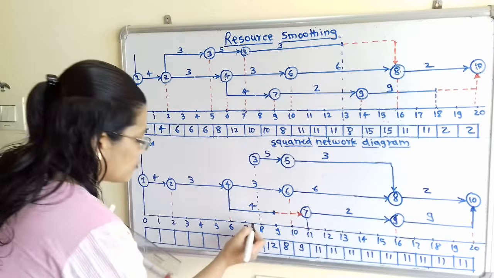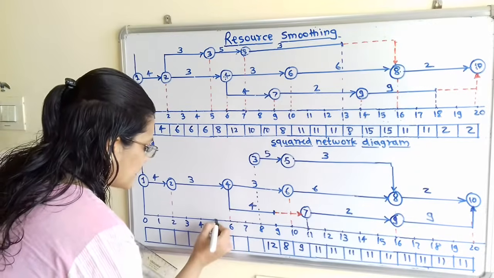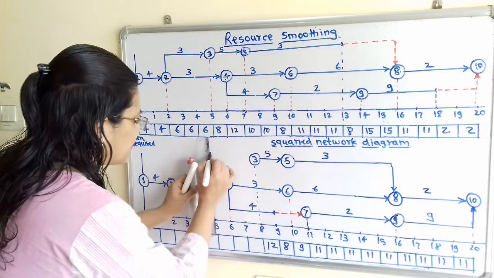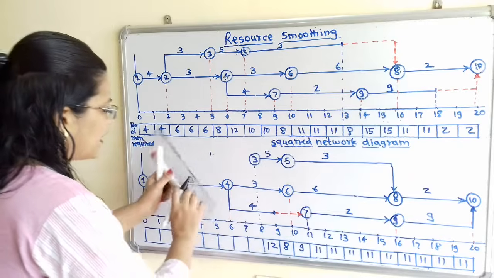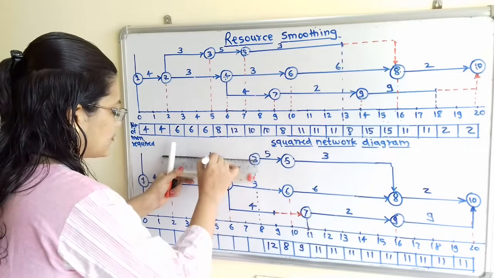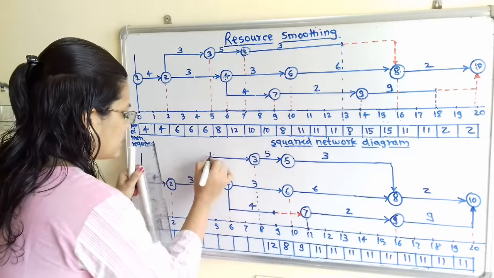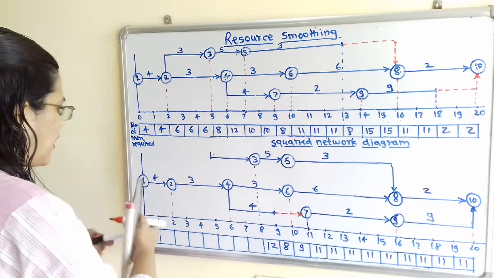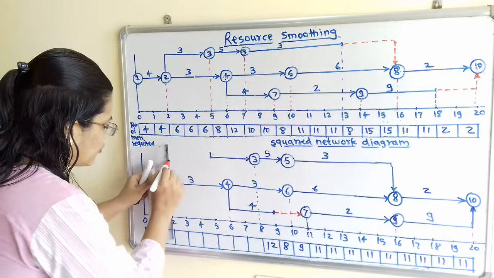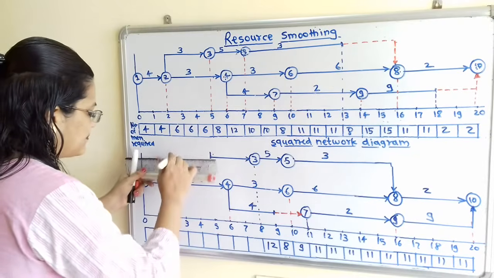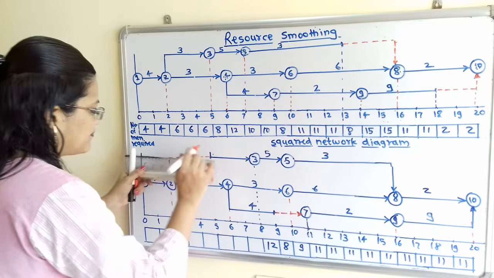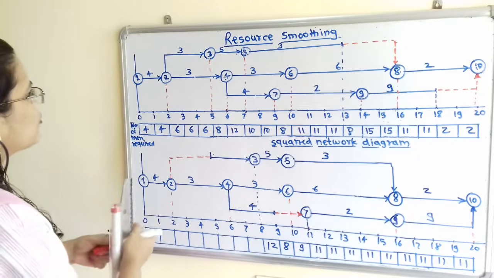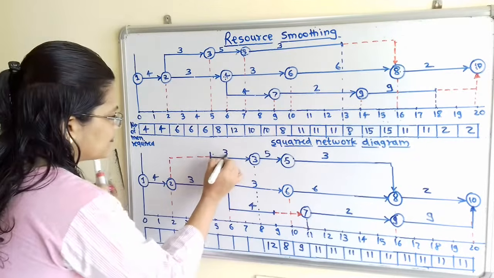So if I start this activity in the 5th week, then it is getting completed at the 8th week. So I will show it here, and we will start this activity. We will connect this node 2 with the dash line. Now we will add this. For this activity 2 to 3, manpower is 3.